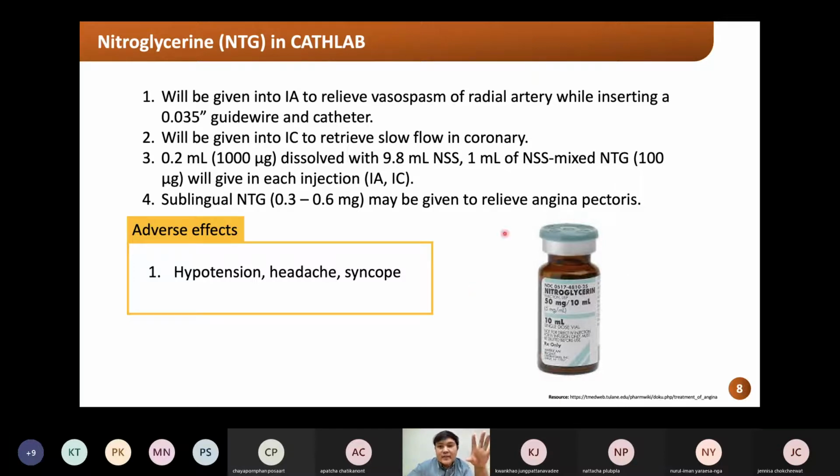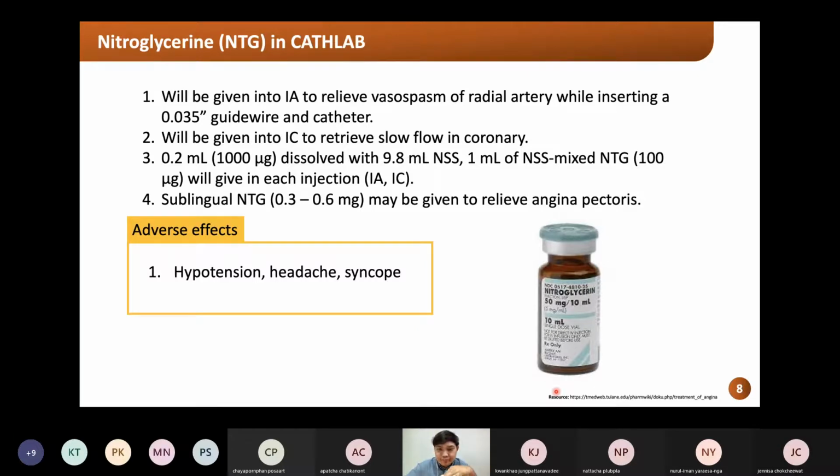And you will see that each company labels the content of the NTG in the fluid. In this case, this vial contains 50 milligram per 10 milliliter NTG. It's the concentration of NTG.